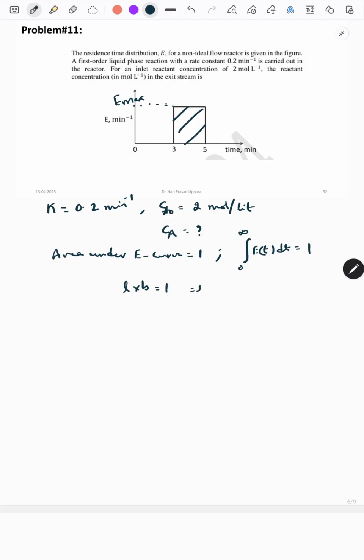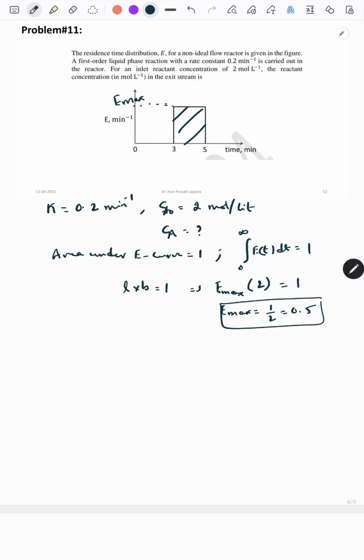Here the height is E max, multiplied by breadth of 2 units, 2 minutes time, this is equal to 1. Then I get the E max value as 1 by 2, that is 0.5. So now I have the E max as 0.5.